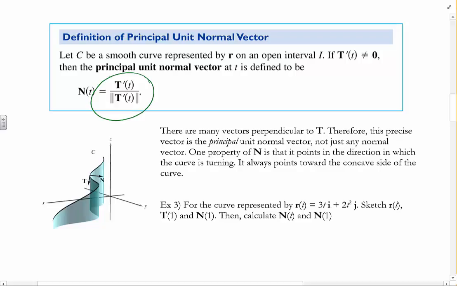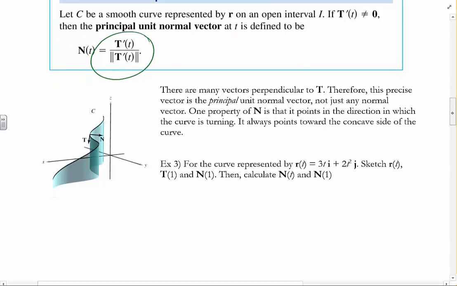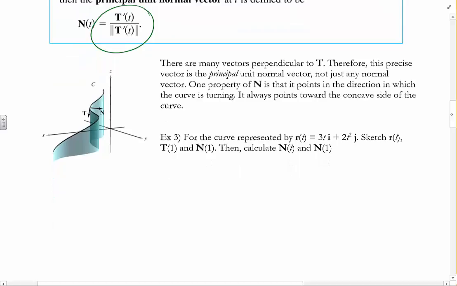All right, fine. So I'm going to say, well, technically there are many vectors perpendicular to T. Therefore, this precise vector is the principal unit normal vector. Now, what do I mean by that? Well, if we look at this diagram, if that's T, technically a perpendicular could be right here, or it could be right there. Or it could even come out this way, with a slanty right angle in here.